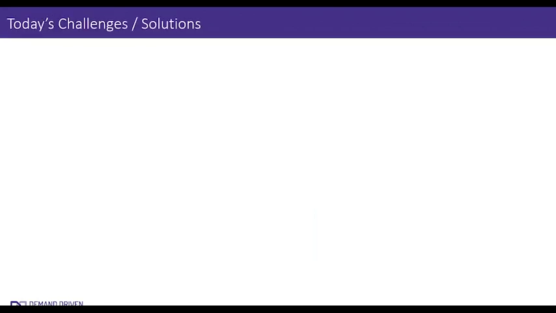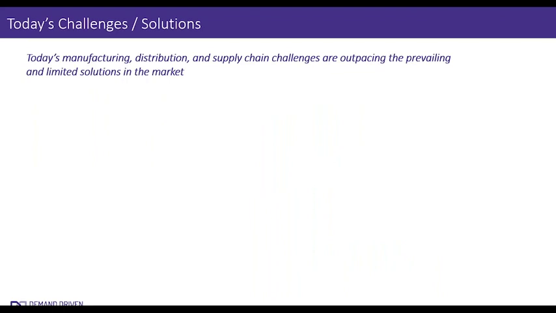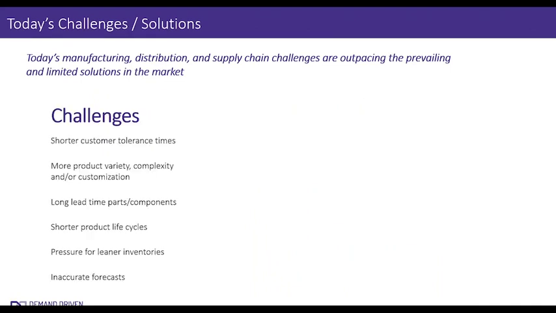So I want to talk a little bit about the challenges that we're seeing in the market today. Today's manufacturing and distribution professionals are really faced with a lot of prevailing challenges in the market. Most importantly, we see shorter customer tolerance time as being a common challenge across a lot of our clients. We see that Amazon is really priming a lot of our clients to have to deliver their products in such a short time frame.